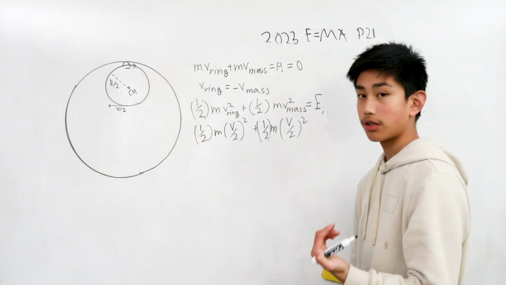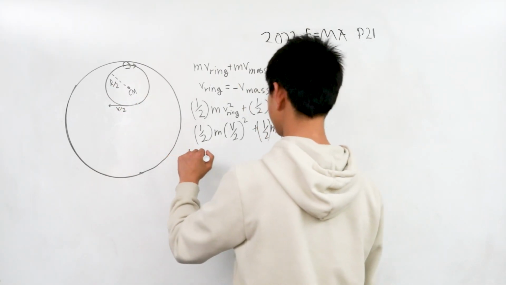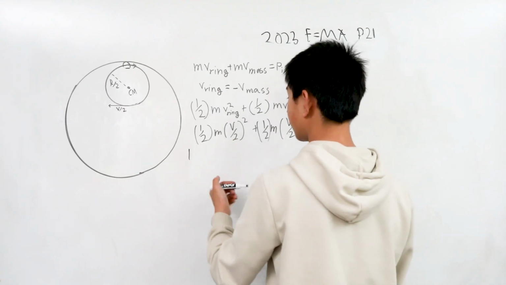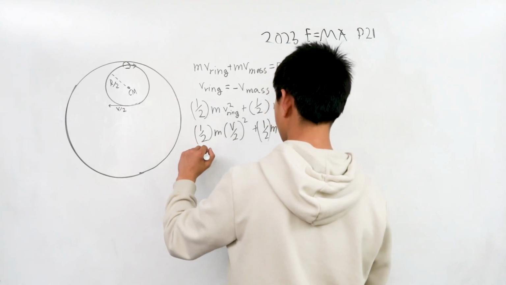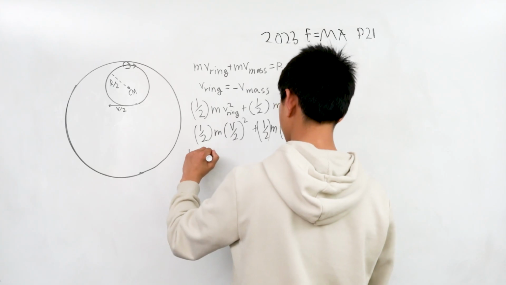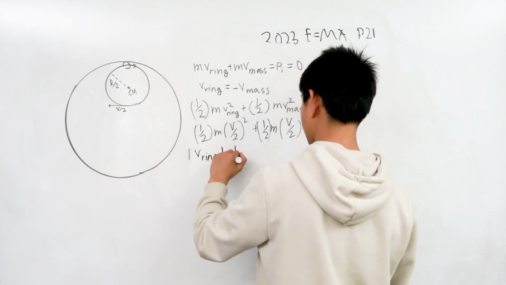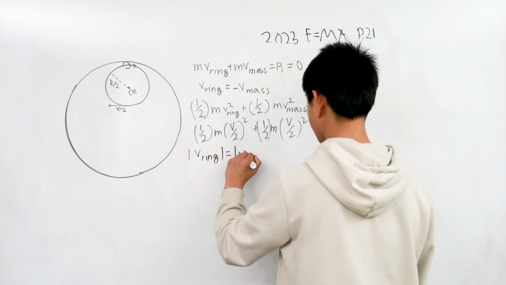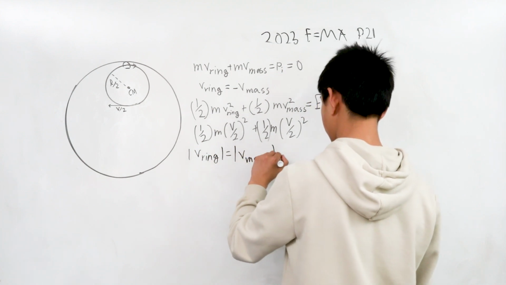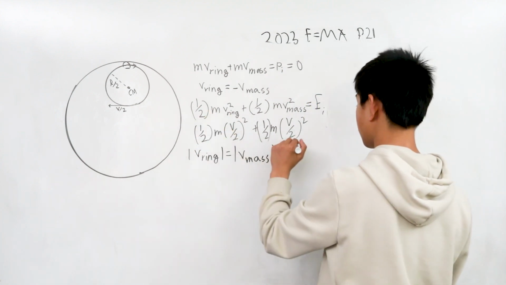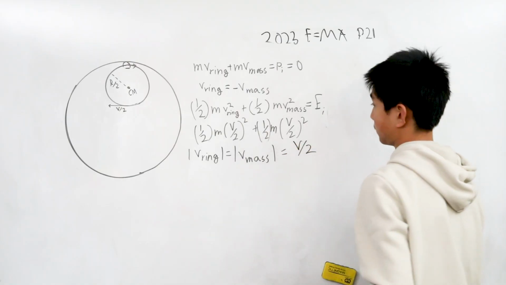So therefore, the absolute value of the velocity of the ring is equal to the absolute value of the velocity of the mass, which is equal to, in this case, our big V over 2.